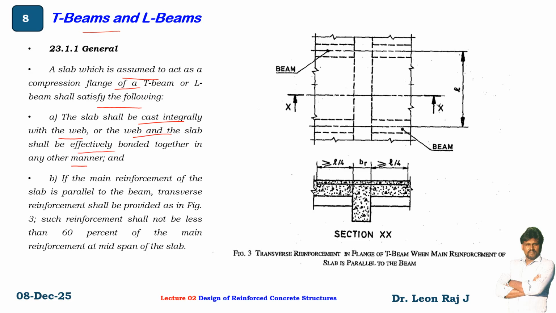In concrete beams, it is always cast together, so the bonding is assured. If the main reinforcement of the slab is parallel to the beam, see figure 3: transverse reinforcement in flange of deep beam or T-beam when main reinforcement of slab is parallel to the beam.